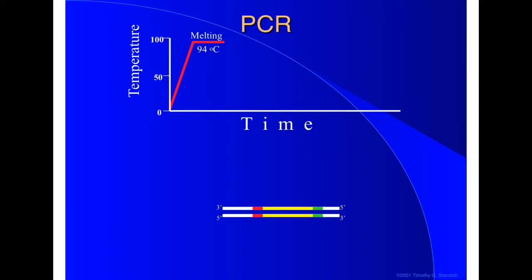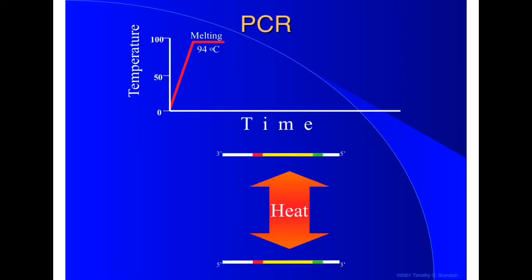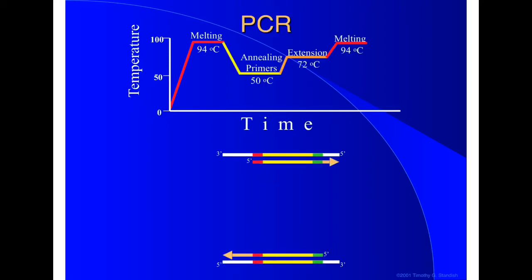The melting temperature in the PCR is 94 degrees centigrade. At this temperature the two DNA strands will be separated. So by taking a certain temperature, 94 degrees centigrade, and time, the two DNA strands will be separated into single stranded DNAs. After that the single stranded DNAs will bind with the primers, which is known as the annealing temperature, at 50 degrees centigrade.